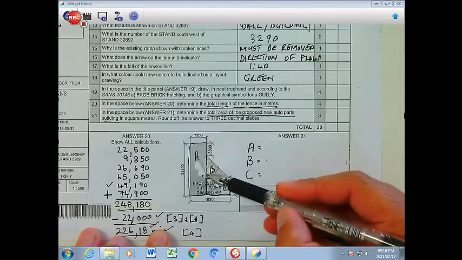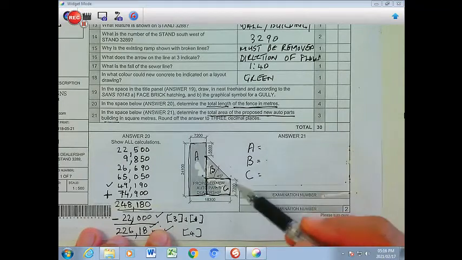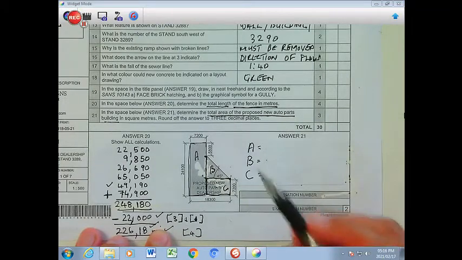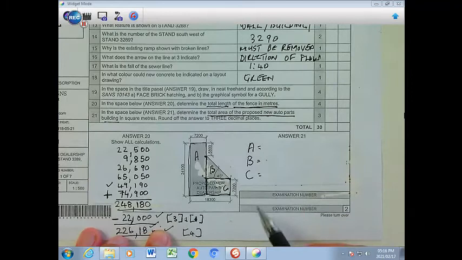But I have to calculate these missing parts here first before I can actually do the calculation. So I'm going to do that and write in my calculations here, and then I'm going to work out a total.